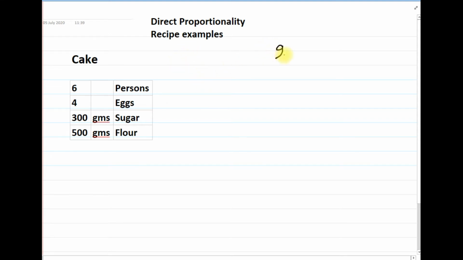Now, we want to bake a cake for 9 people. So we make a column for people, and we want to know, for example, how many eggs do we need? And then I create a column for eggs. Then I'm given that the cake for 6 people required 4 eggs. How many eggs, this is my unknown, x comes here, do I need for a recipe to cover 9 people?